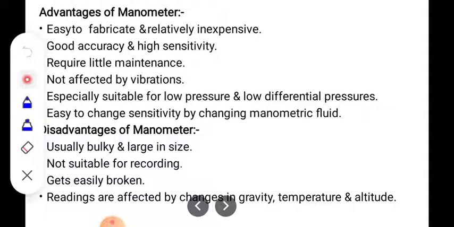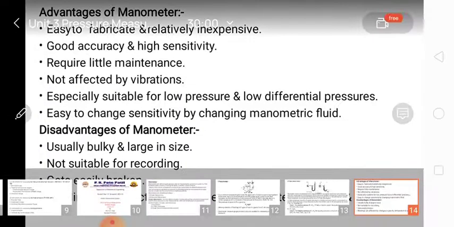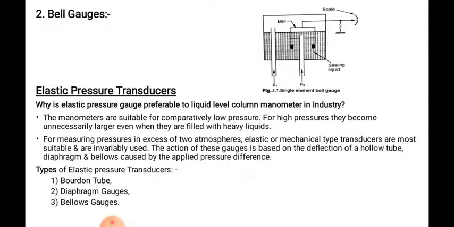So this is nothing but pressure measurement. Then next is the bell gauge. The bell gauge is used for pressure measurement. In this, it is an elastic pressure transducer. In this diagram we can observe one bell shaped structure. In the container two inlets are there, P1 and P2, and a sealing liquid.